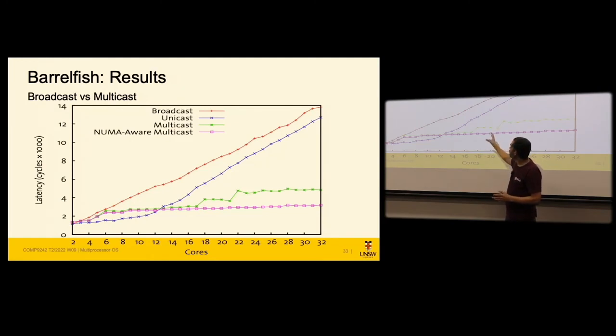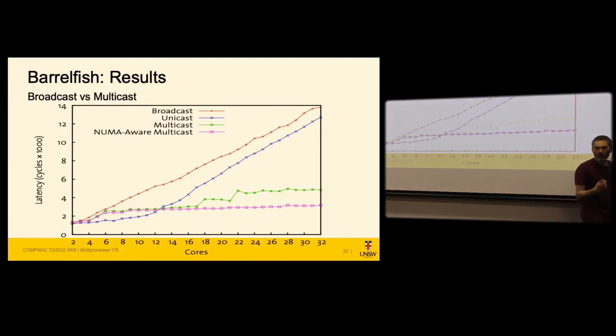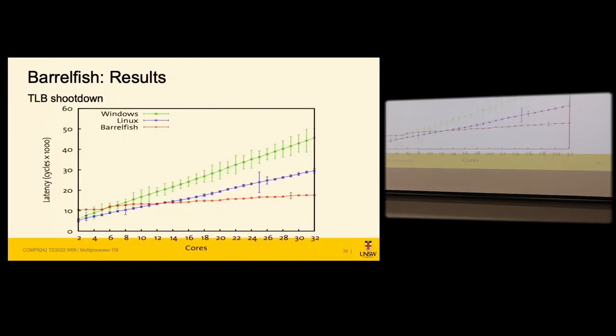They compare that to a broadcast, which is a shared memory operation of writing to everyone, and show that explicitly controlling communication by creating these multicast trees can be much, much faster. Having this control over your communication can really improve your performance and scalability.